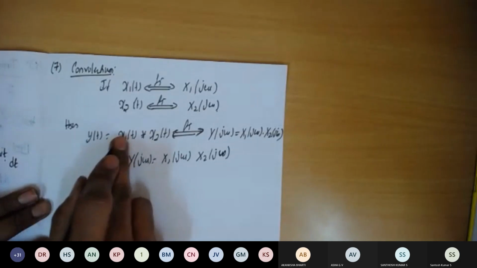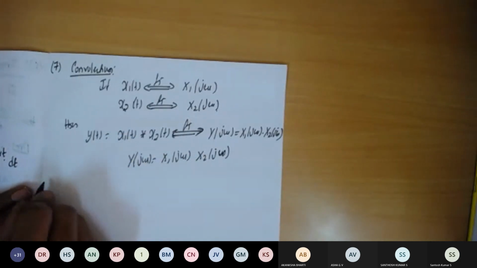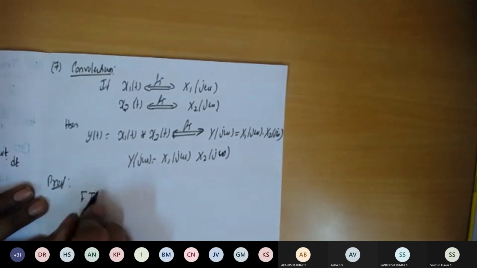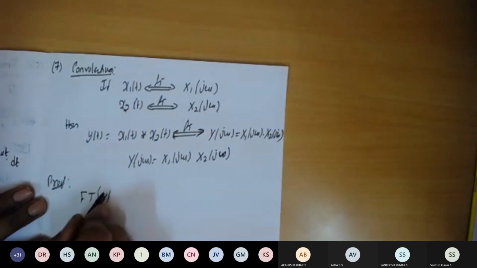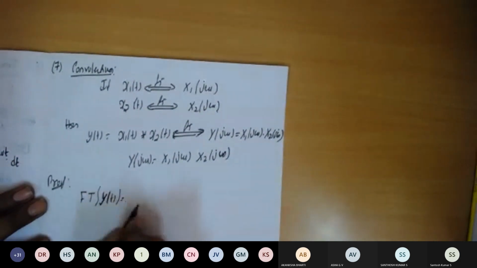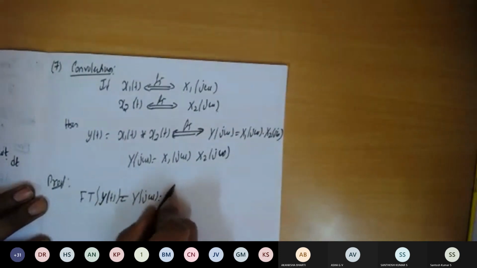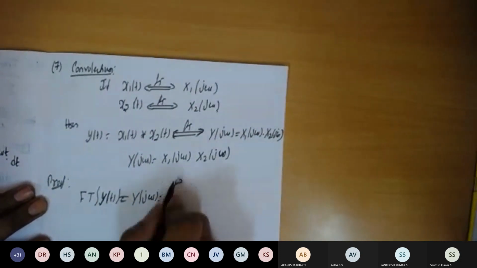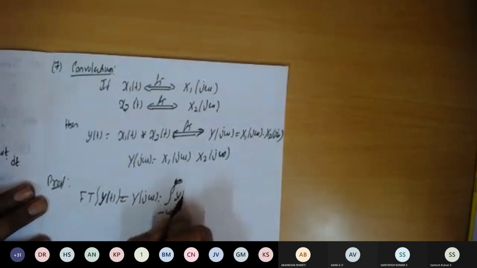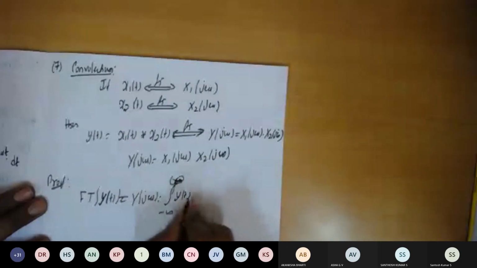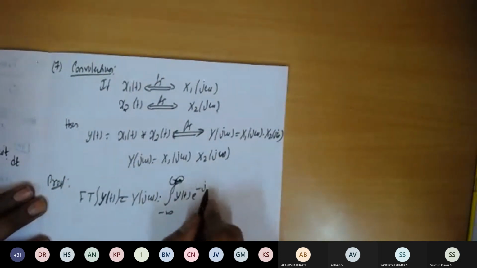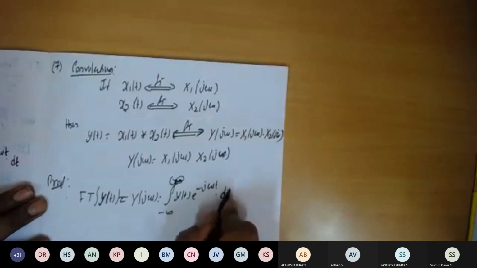I'll take the Fourier transform of y of t. So consider the proof: the Fourier transform of y of t, Y of j omega, is the integral from minus infinity to plus infinity of y of t into e to the power of minus j omega t into dt.